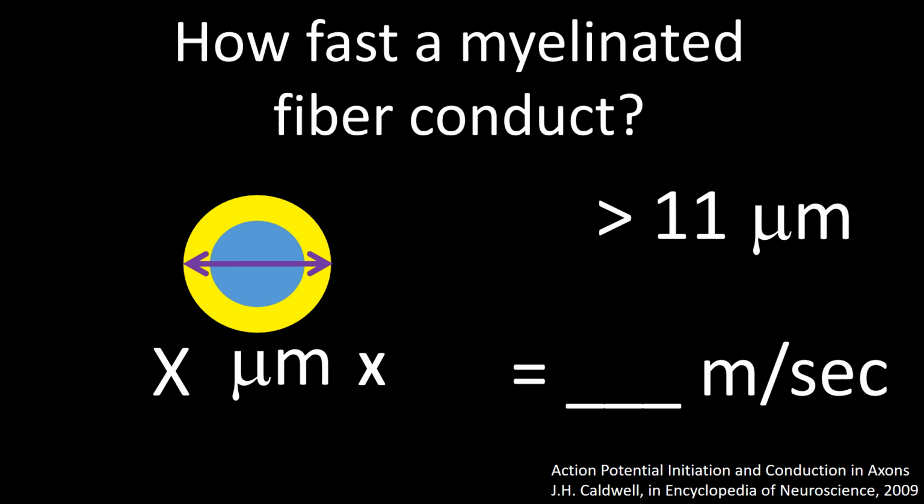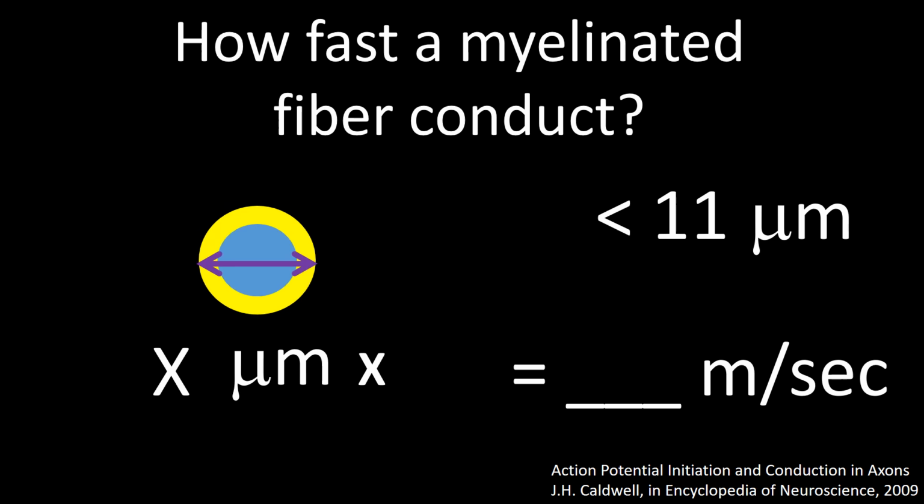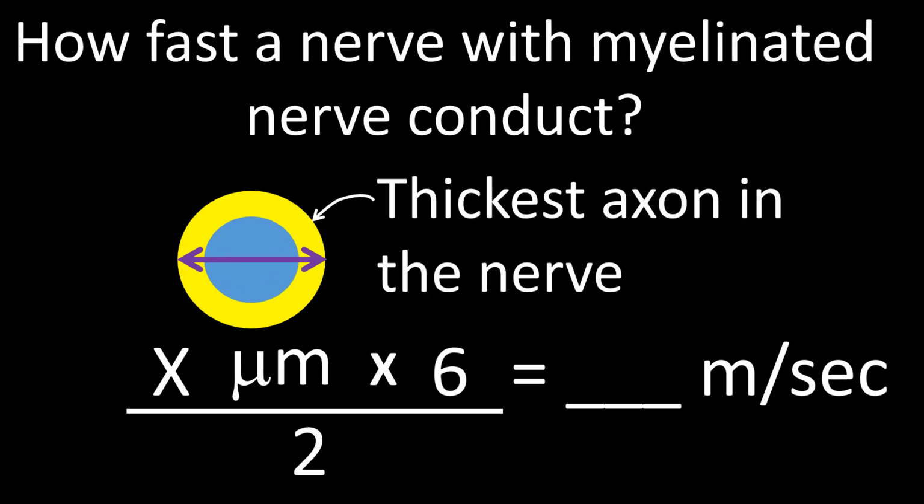The way of calculating conduction velocity of a myelinated fiber is by multiplying its diameter by 6 when the diameter of the fiber, which includes axon and myelin cover, is more than 11 micrometers. The way of calculating the conduction velocity of a myelinated fiber is to multiply its diameter by 4.5 when the diameter of the fiber, which includes axon and myelin cover, is less than 11 micrometers.